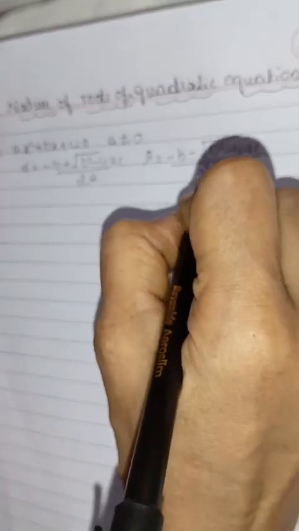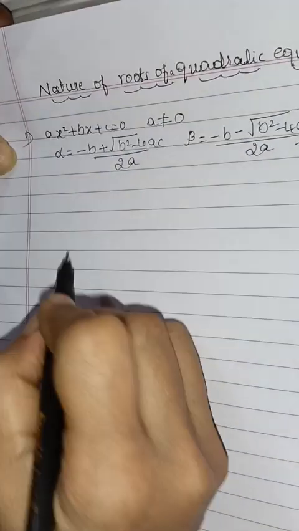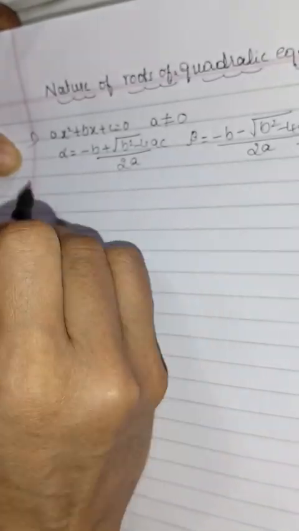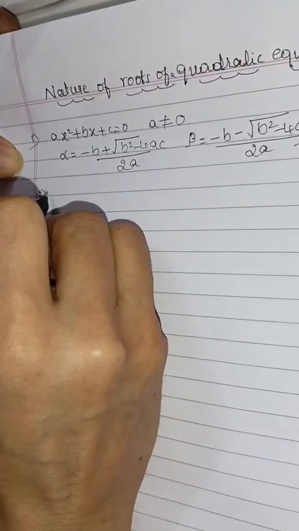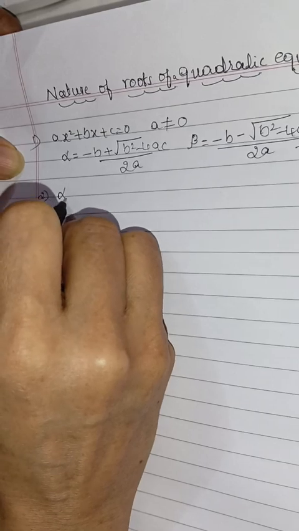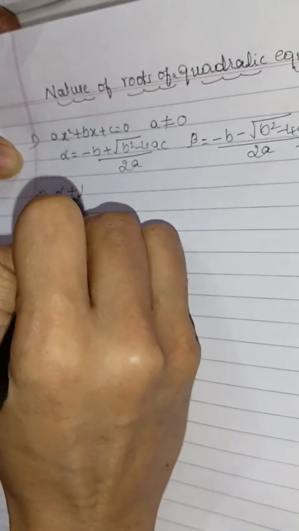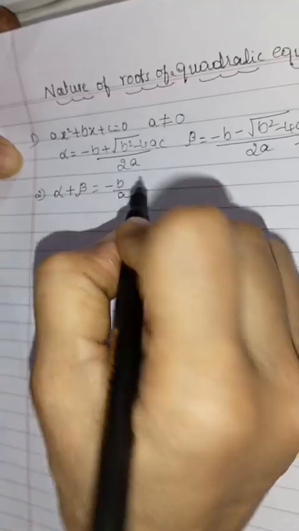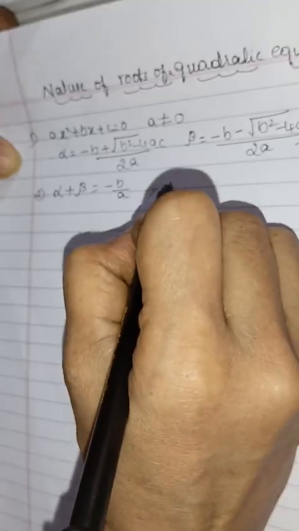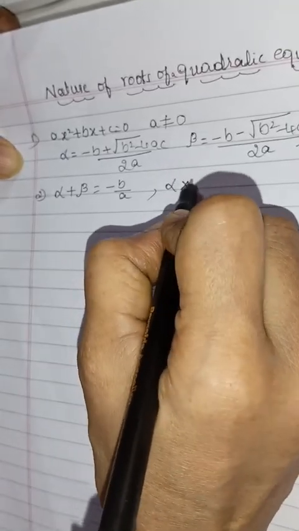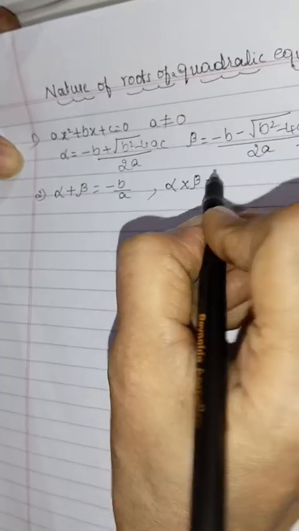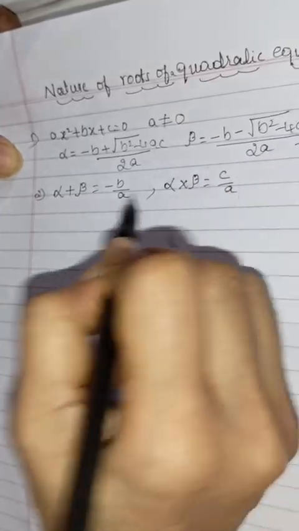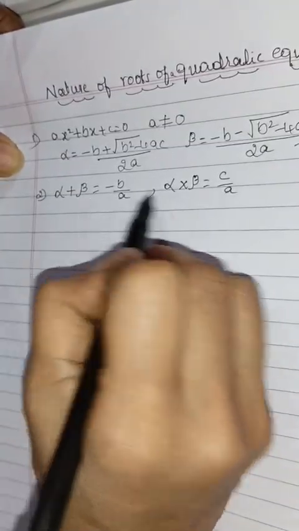divided by 2a. These are the two roots. Secondly, you have to remember that alpha plus beta is minus b by a, and alpha multiplied by beta is c by a. Only this you have to remember.